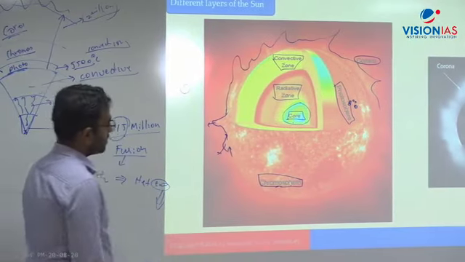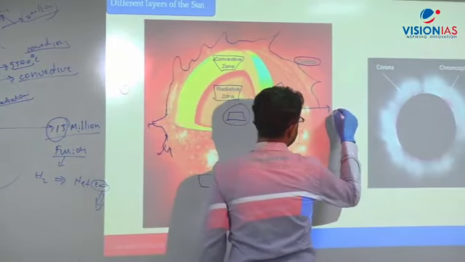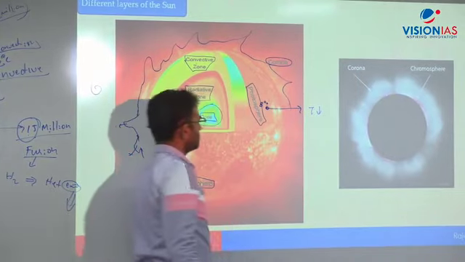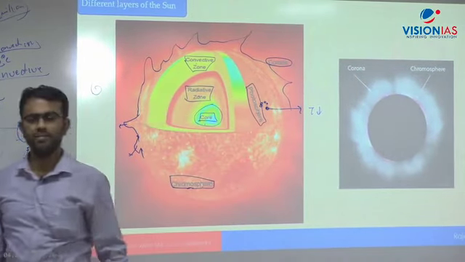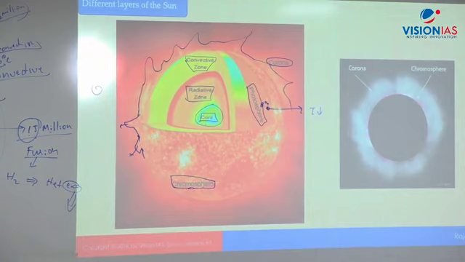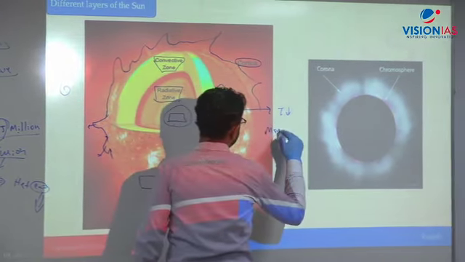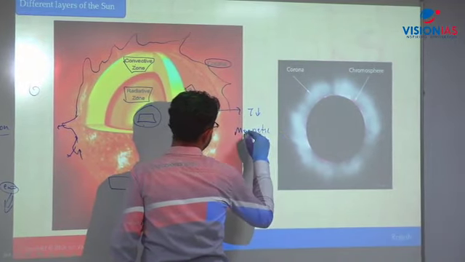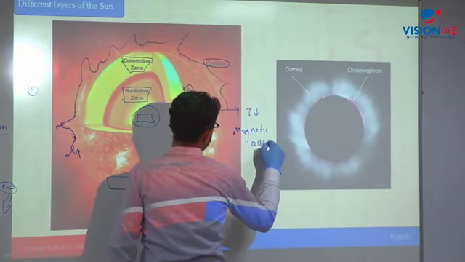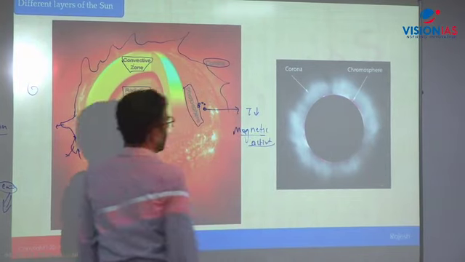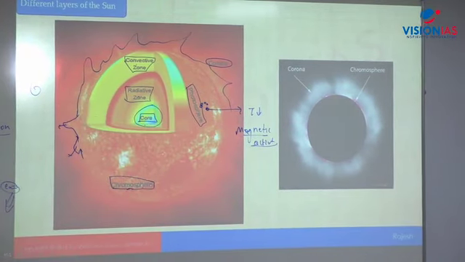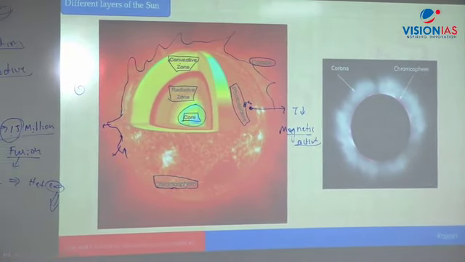Why are they dark spots? Because the temperature is lower in these regions. Temperature has dropped a bit in comparison to the other surrounding region. So there the energy radiation released is a bit less. The temperature has dropped, but the magnetic activity has increased. There is huge magnetic force acting over there.